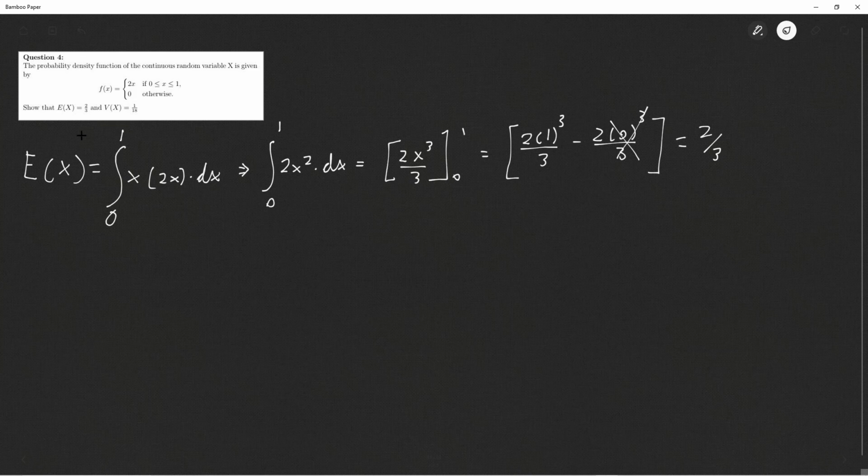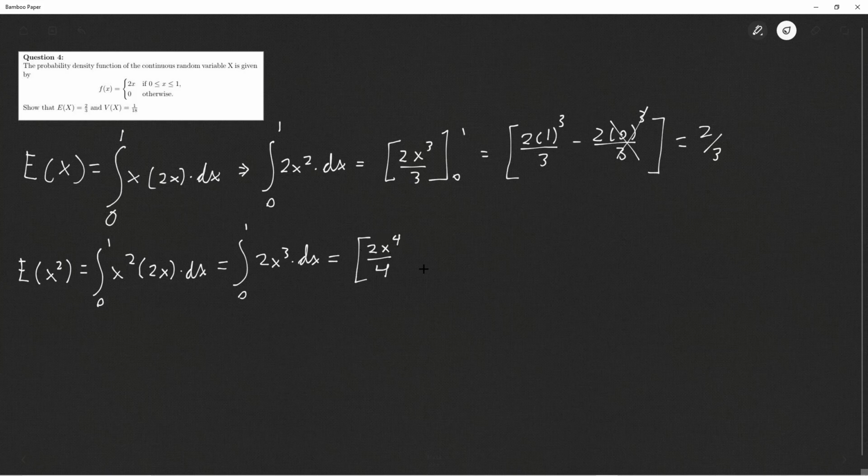Now, to find the variance, we not only need the expected value, but we need the second moment, which is E of x squared. It's still the integral from 0 to 1, but this time it's going to be x squared multiplied by our function, which is 2x, which will give us the integral from 0 to 1 of 2x cubed multiplied by dx, which will be equal to 2x to the 4 divided by 4 from 0 to 1.